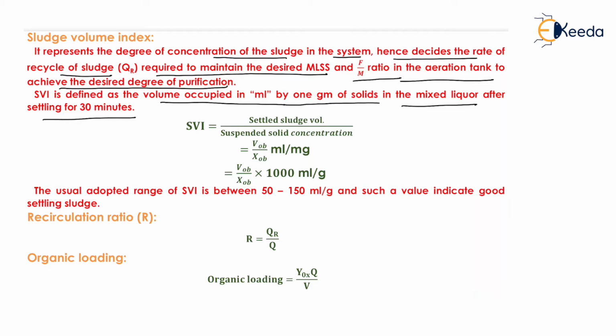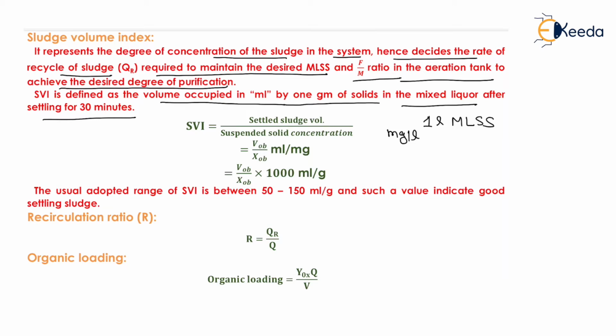Now if you want to calculate the sludge volume index, just take 1 liter of mixed liquid suspended solids, and in that you will calculate the amount of suspended solids present in that water in milligram per liter. Okay, it can be calculated by the evaporation method. We had already discussed that method also.